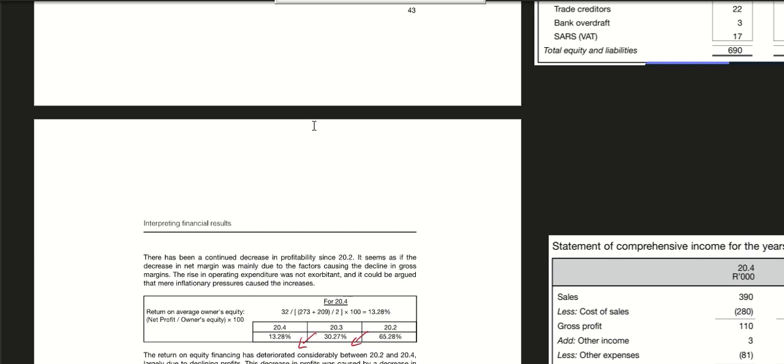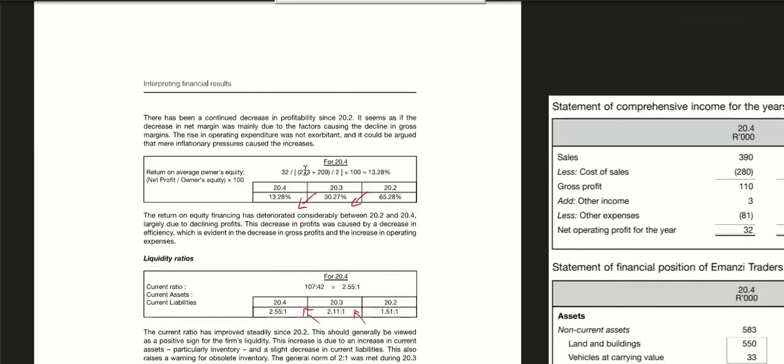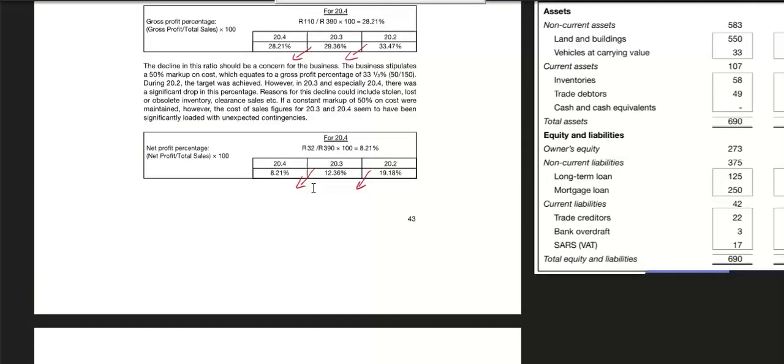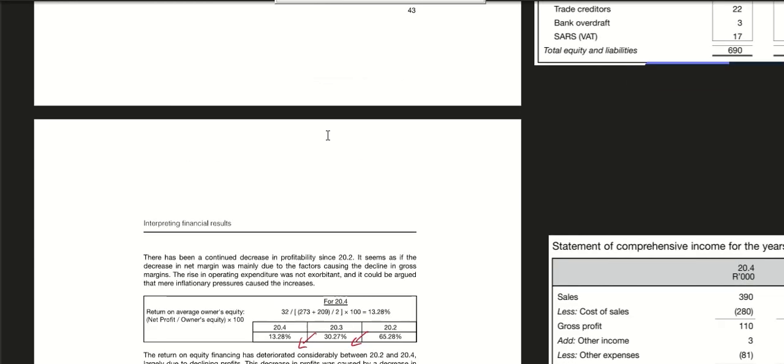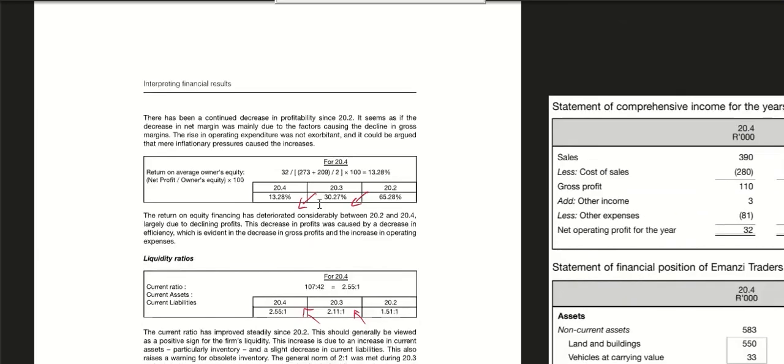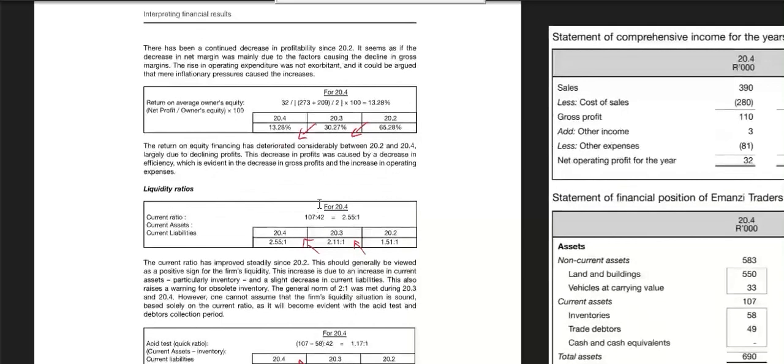When we're looking at the net profit, we can see that it has been decreasing. It's again about how good the company is at managing the other costs. So the company definitely has an issue. It could be that there is a rise in operating expenditures, and that is something to look at.